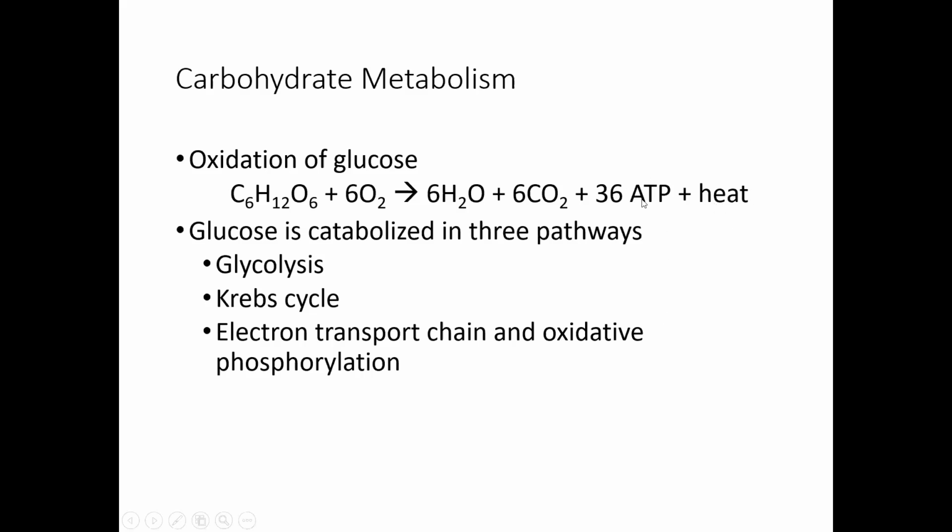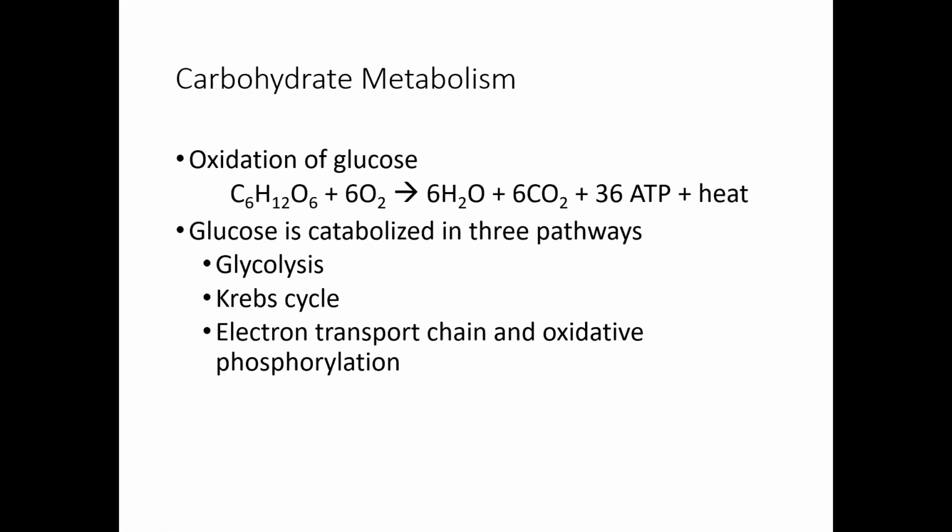This only represents 40% of the energy available in glucose. The rest of it comes off as heat. It's lost to us as usable energy. But we do have 36 ATPs to do things with, and that gives us the energy that we use all the time.